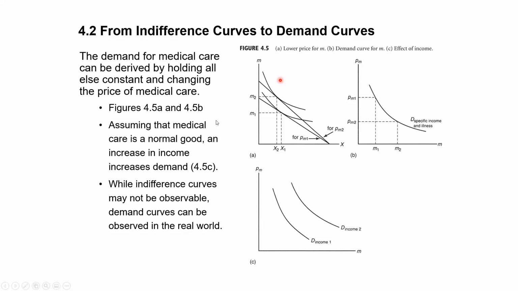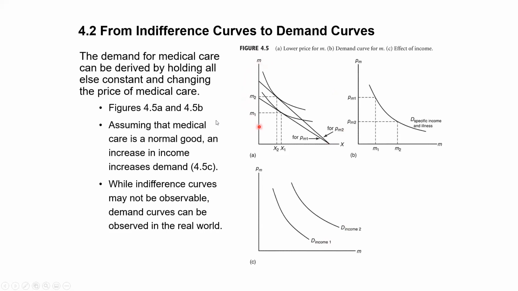And looking at the demand curve allows us to understand that, for example, here in figure 4.5a, assuming that medical care is a normal good, a good that we consume, when you have an increase in income, generally there will be an increase in demand as well. So when you shift your income level to the right, you have more income, and the demand curve would also increase.